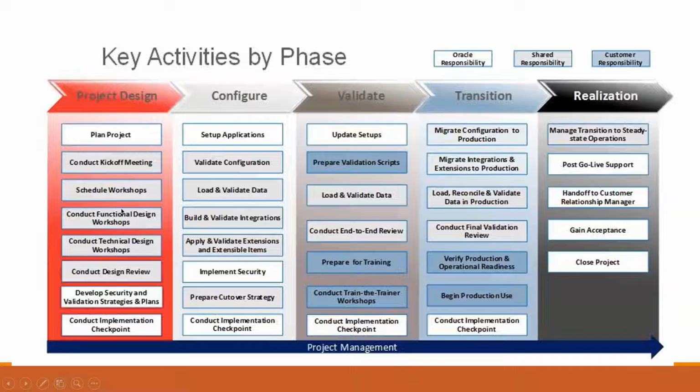This will help us capture the system requirements and how the future process will be. Then we conduct the design review, telling them this is how the new system will look, and we show them the demo. For example, the document sequence which we captured in the system requirements, this is how it will be represented.